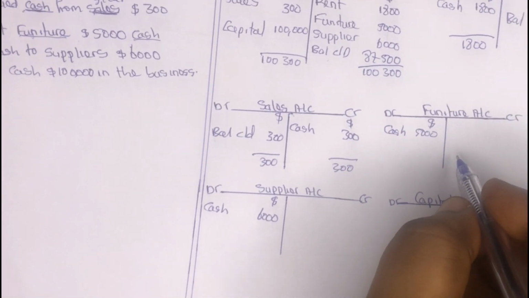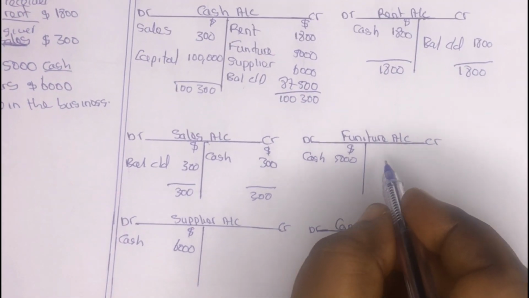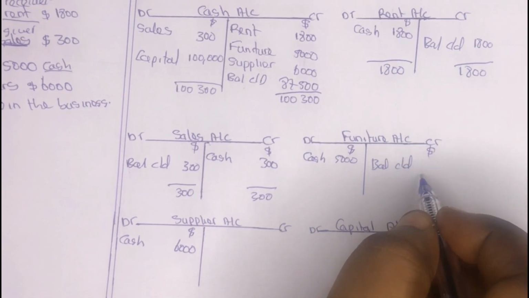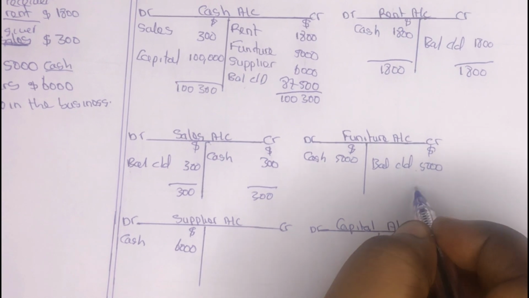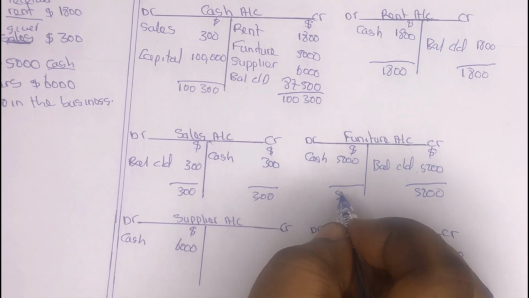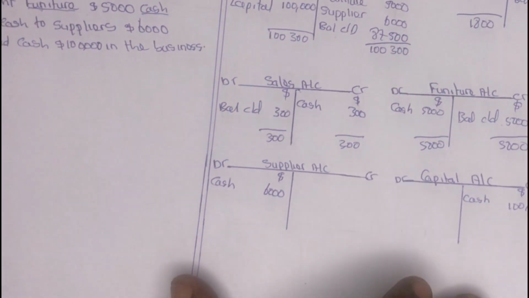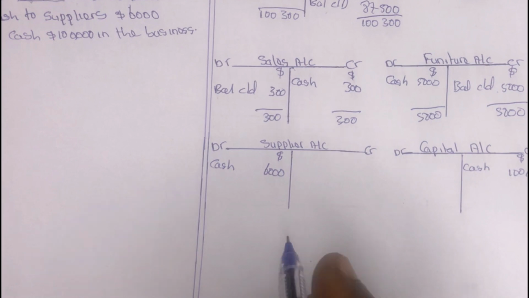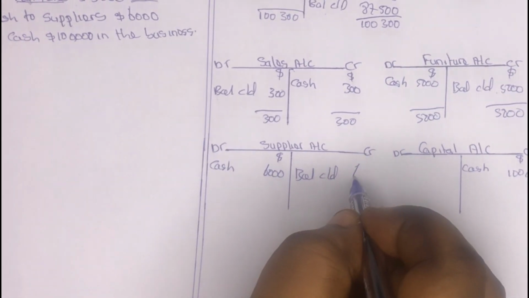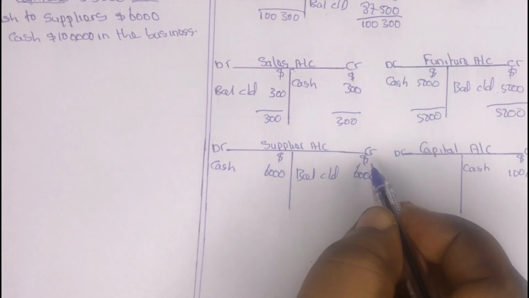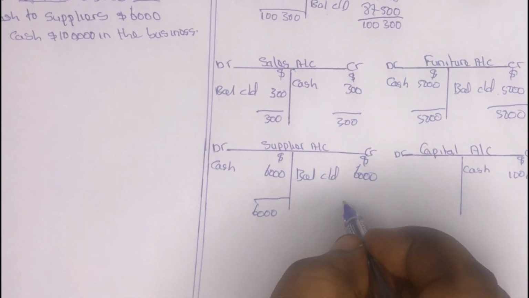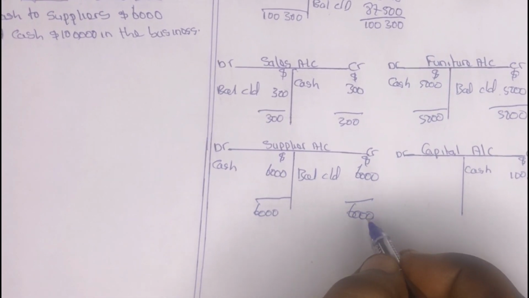So we also have the furniture account, balance carried down, all are in dollars. We have 5,000 and 5,000. So we have the supplier account too. We have the balance carried down, which is $6,000, meaning we have 6,000 here and 6,000 here.